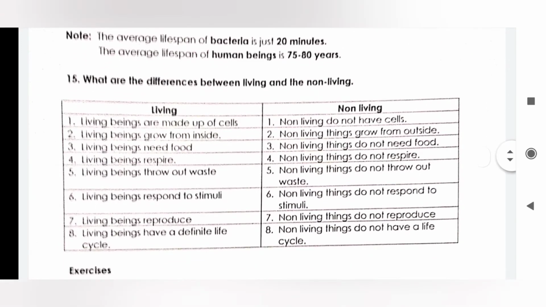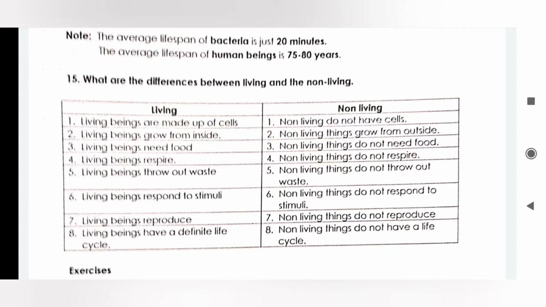First point, living beings are made up of cells. Yes, whether it is a bacteria, a single-celled organism, or a multicellular organism like we people, we are made up of cells. Non-living things, they don't have cells.